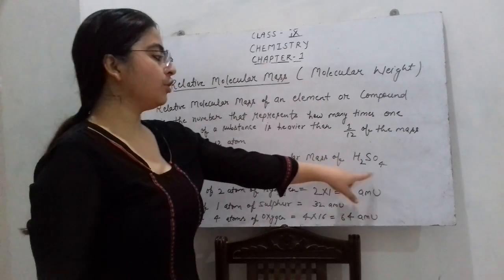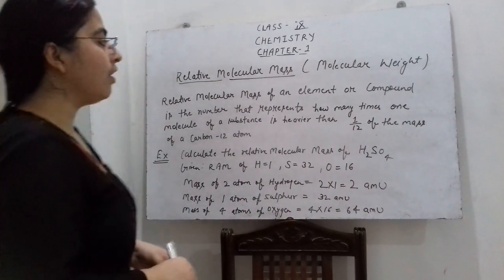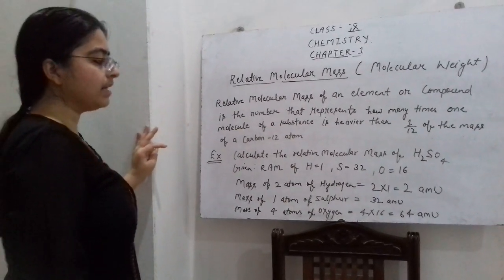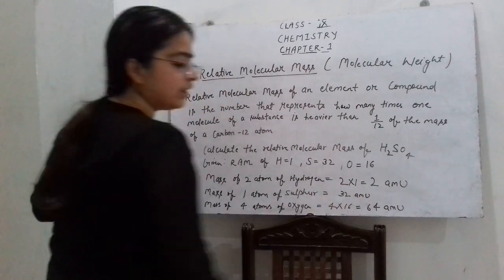So in this way we have calculated the relative atomic mass of various atoms which are present in the molecule of H2SO4. Now in order to calculate the relative molecular mass, we will add these values.